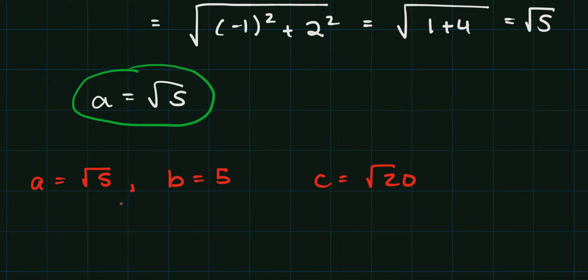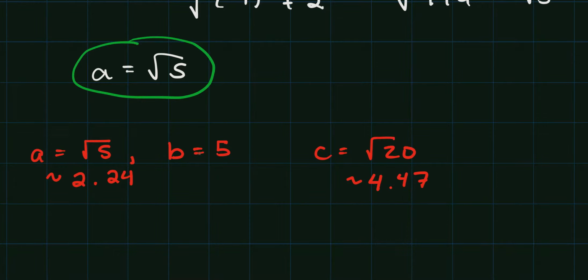Now you can put this in the calculator to get an idea of what the square root of 5 is. So square root of 5 is about 2.24, and the square root of 20 is about 4.47. You can see that 5 is the biggest number, which tells us that the length B, that side with B on it in the triangle, is the longest side.